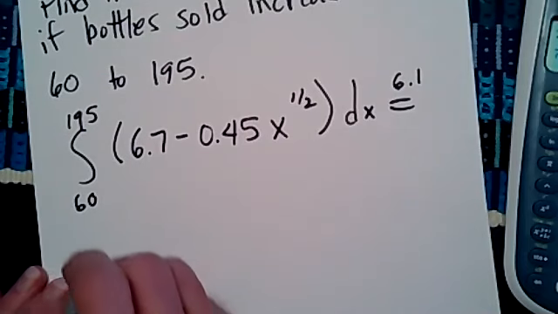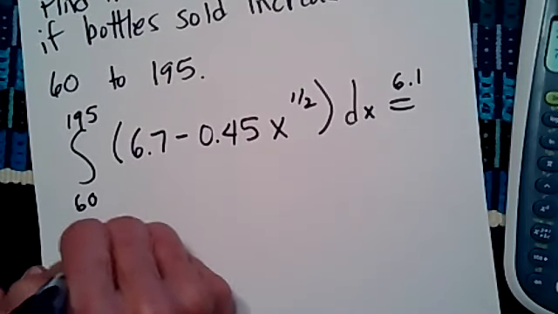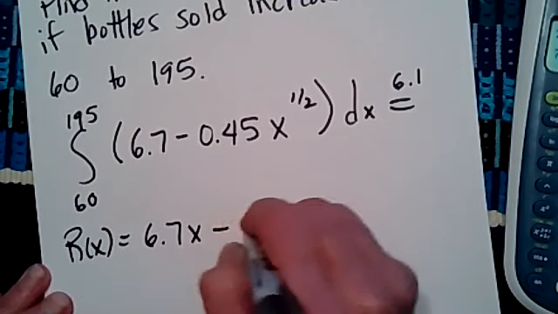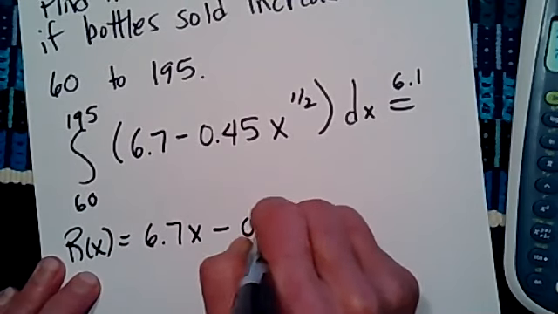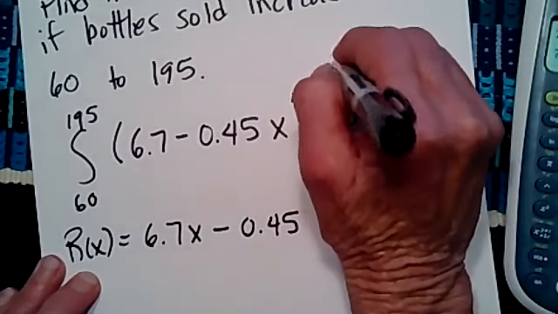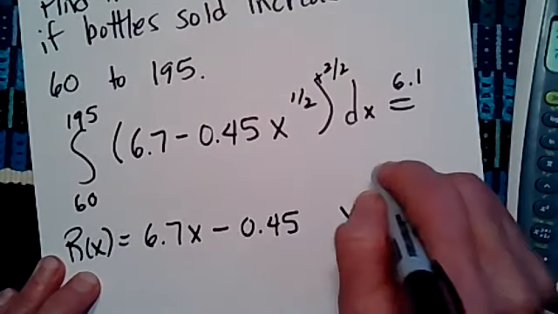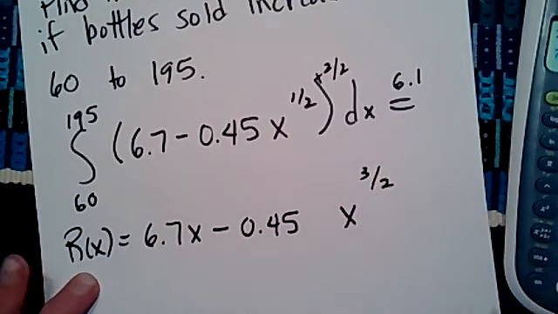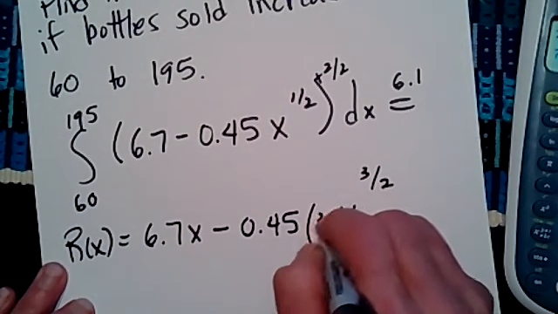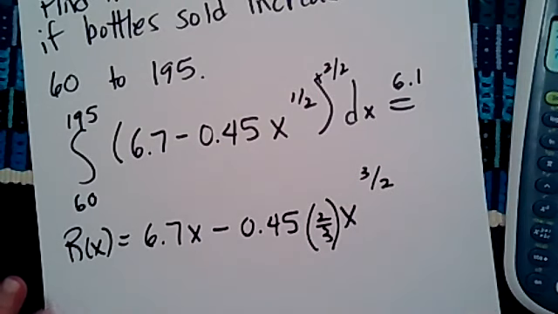Okay, so my revenue function is 6.7x minus 0.45, and that's going to be x. When I add 1 to the exponent, I get 3/2. And remember, we divide by 3/2, or we multiply by 2/3.